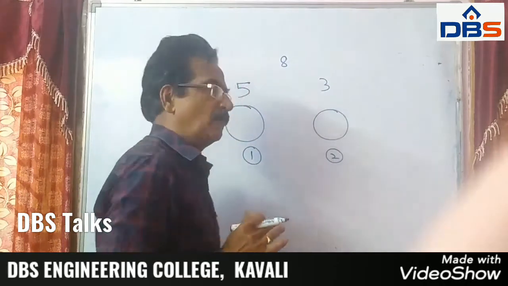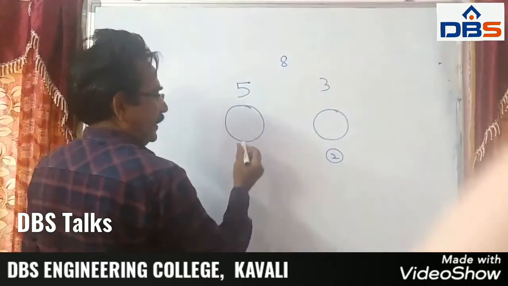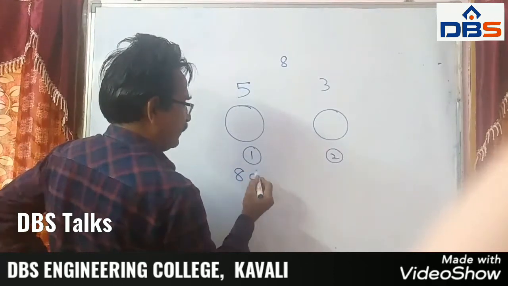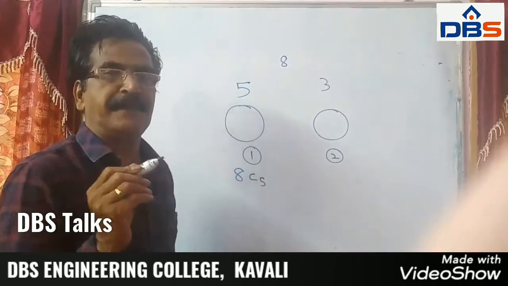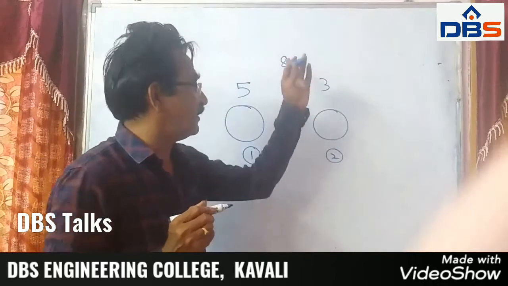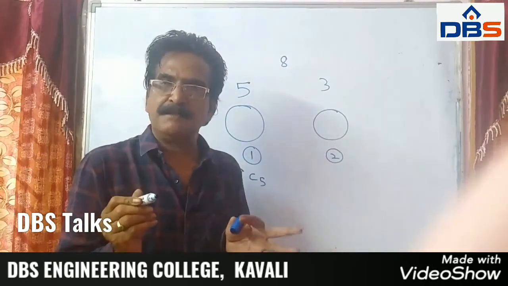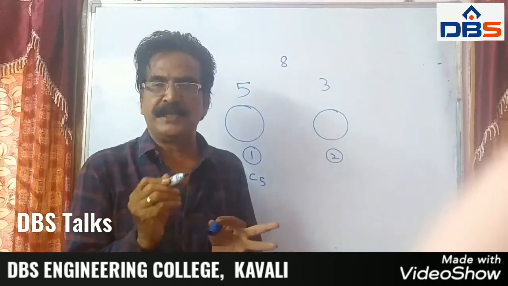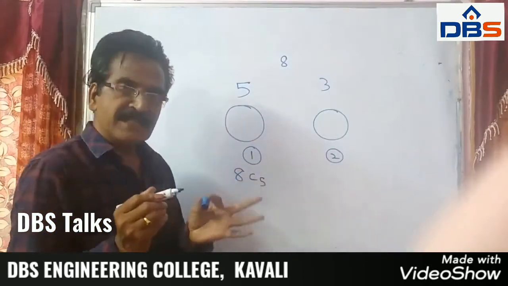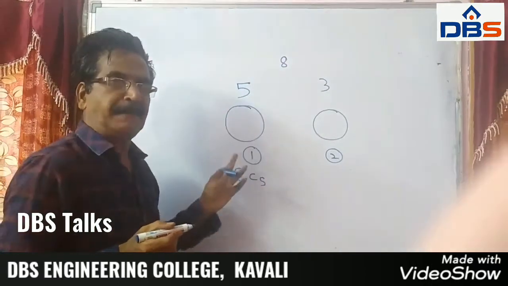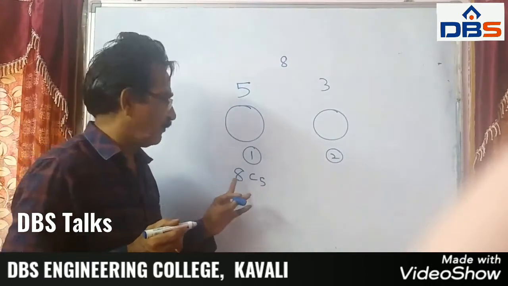So first thing we have to do is 8C5: in how many ways 5 persons can be selected from the given 8 persons. So this selection is over.